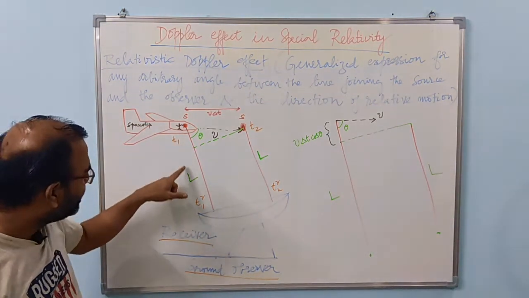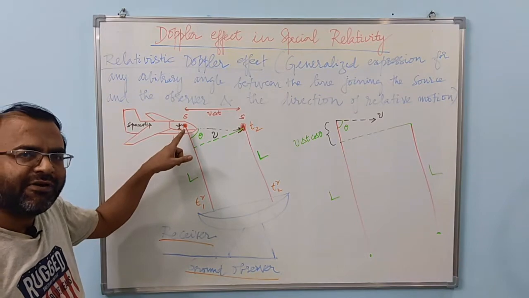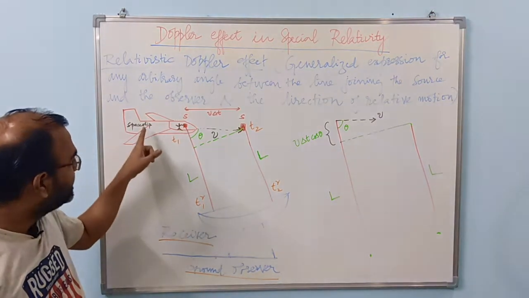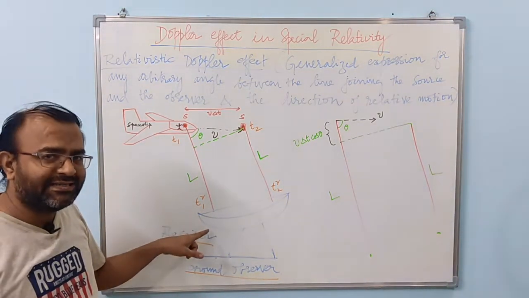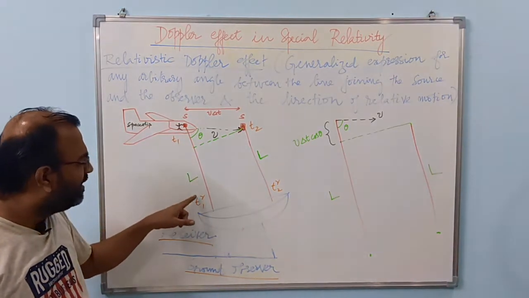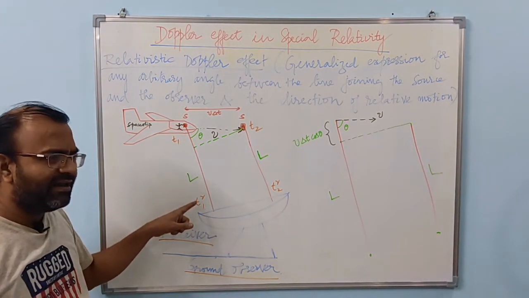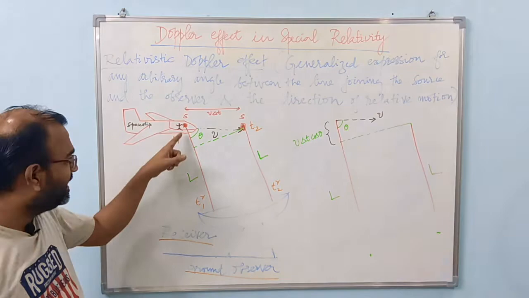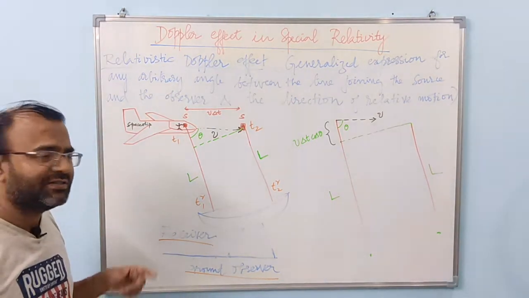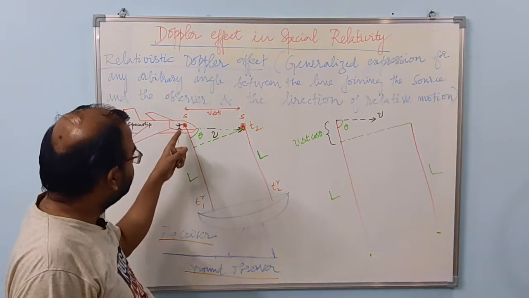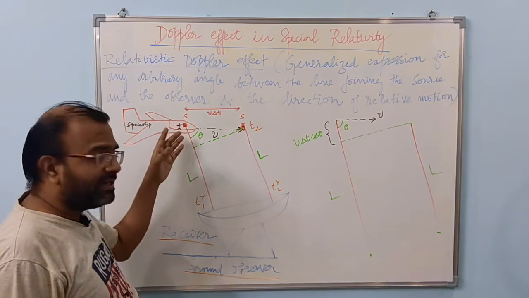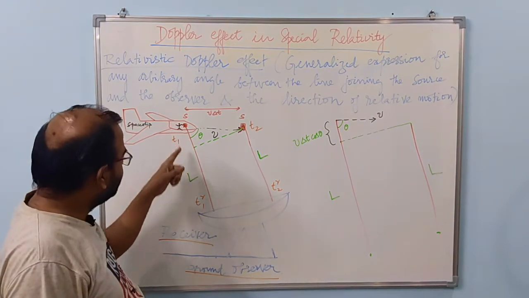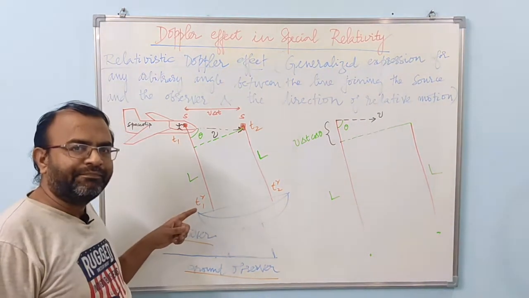Now what about the time at which the signal is received? Because the signal has to travel some distance from the source, which is in the spaceship, to the receiver here. It is traveling with a velocity c, because it is a light signal, so it is going to take a definite time.